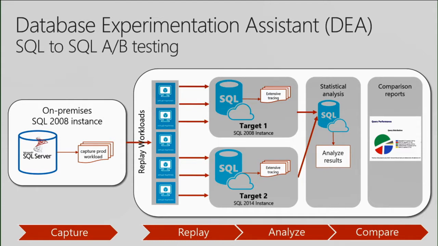So again, DEA is essentially an A/B testing tool when you're upgrading from 2005 to whatever the latest version, and you want to be able to do some basic validations and perf tests. You can capture your current system's workloads, and then you can replay them on the target and then identify differences.